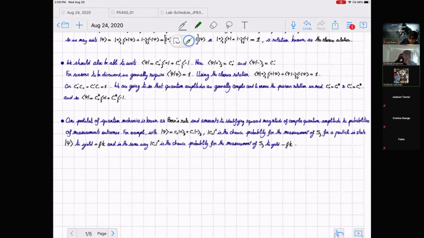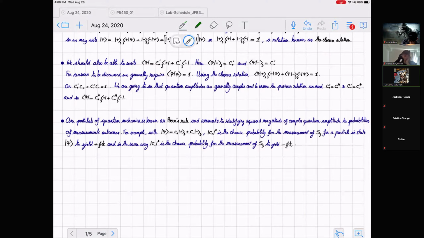You see that these coefficients, c plus and c minus, we are going to call probability amplitudes, and their magnitude squares are probabilities. And the outcome of the measurement of the angular momentum of the particle is either plus h bar over 2 or minus h bar over 2, each one with its respective probability for a given state.